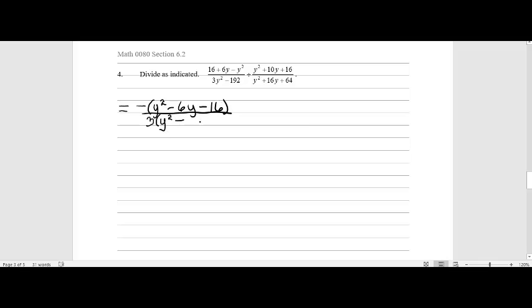A GCF of 3. So I'm going to go ahead and do that now. And then 3 times 64 would give me that 192. And I'm also going to change this to multiplication by inverting what I was dividing by.